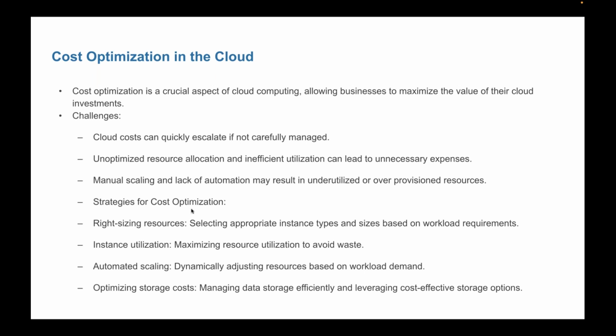Now, what are the various strategies for cost optimization? Similar to the challenges I spoke about: right sizing the resources, selecting the appropriate instance types and sizes based on the workload requirements. What this means is making sure that we select the right instances and sizes. When you create a cluster in AWS or GCP or wherever it is, you select the right type of instances.